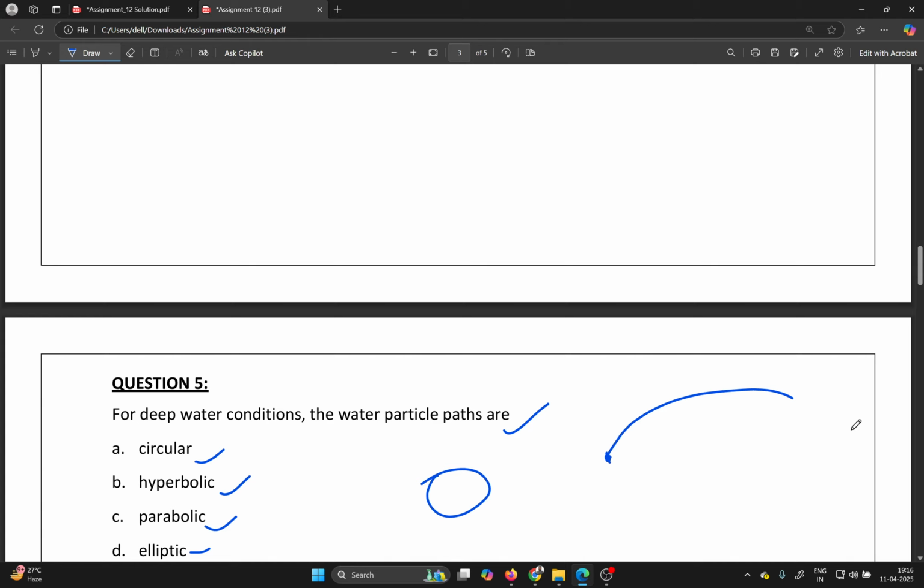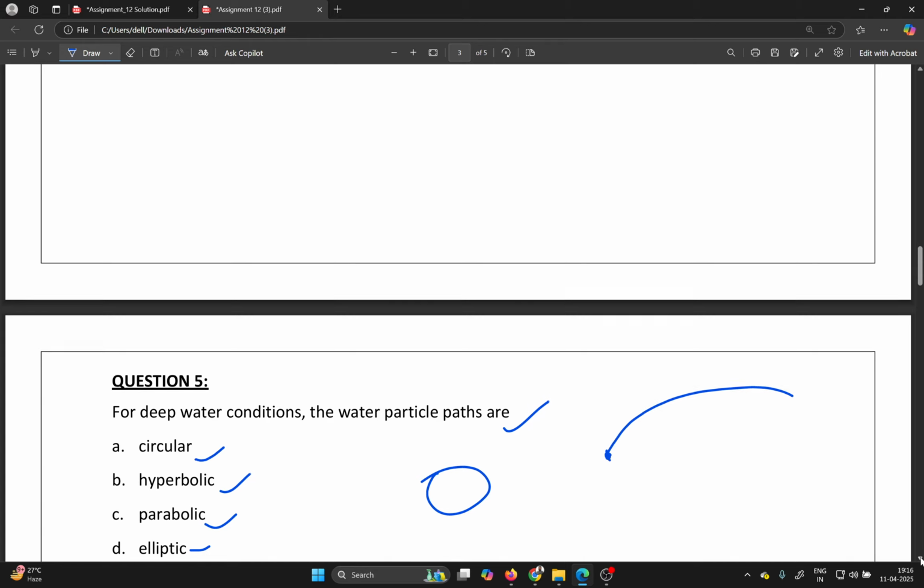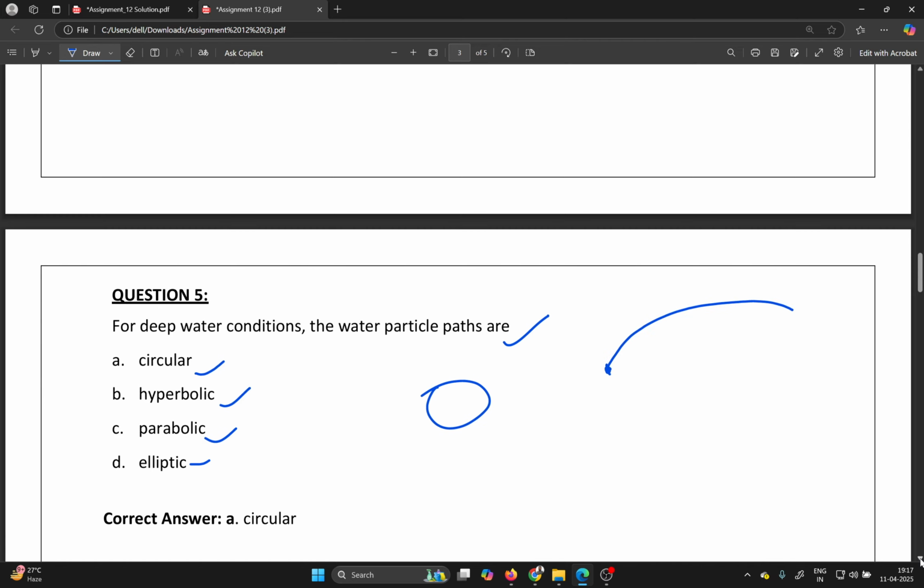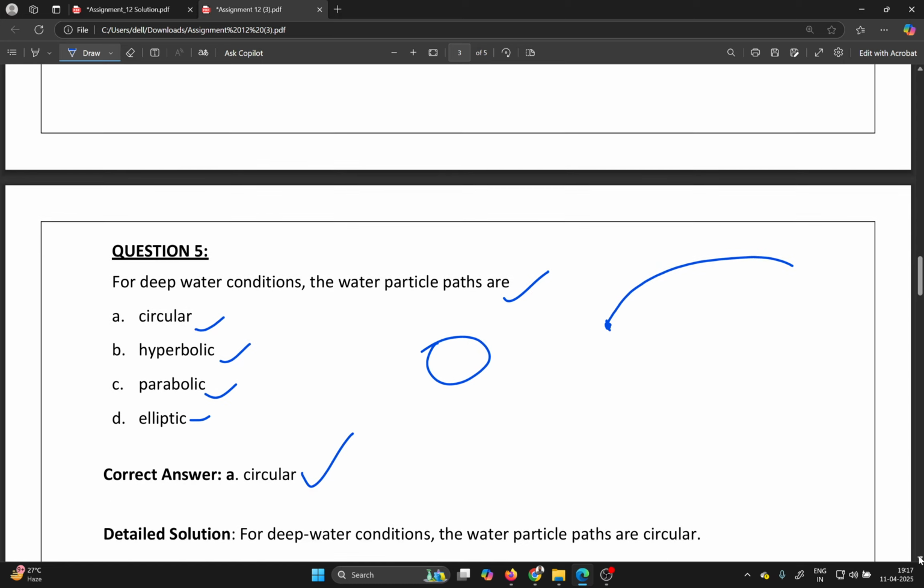Okay, let me show you the answer. Circular one. So remember please. Next question. Deep water condition, the water particle paths are circular.